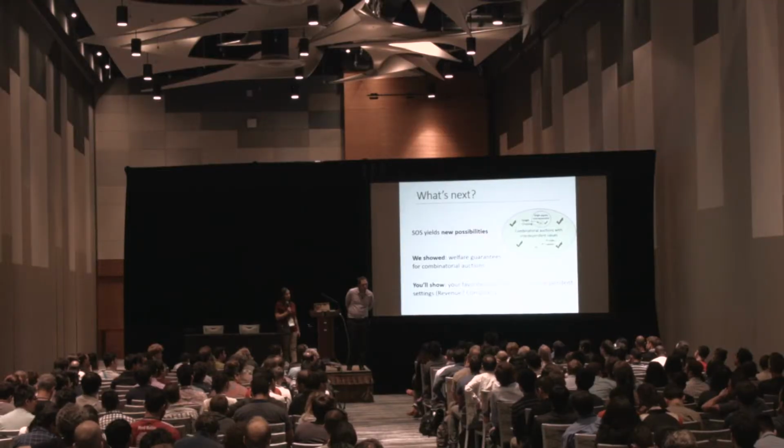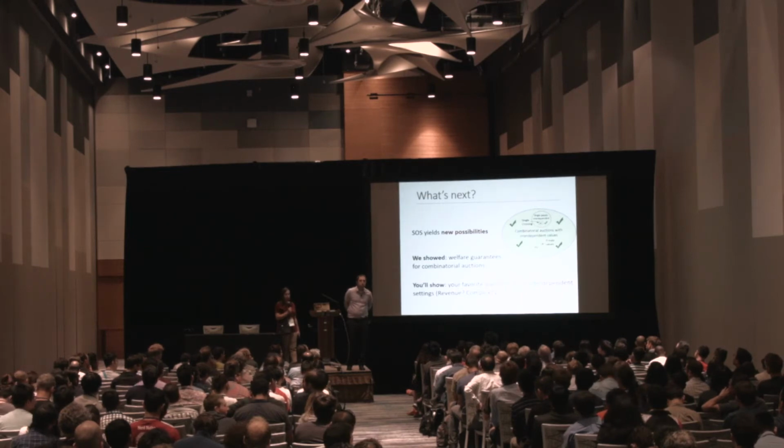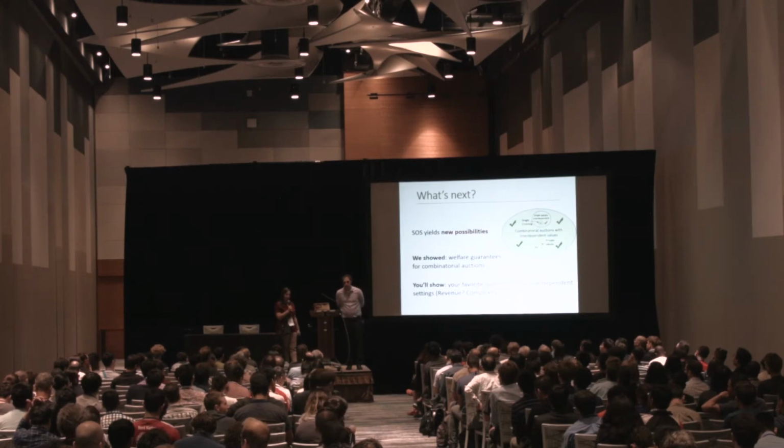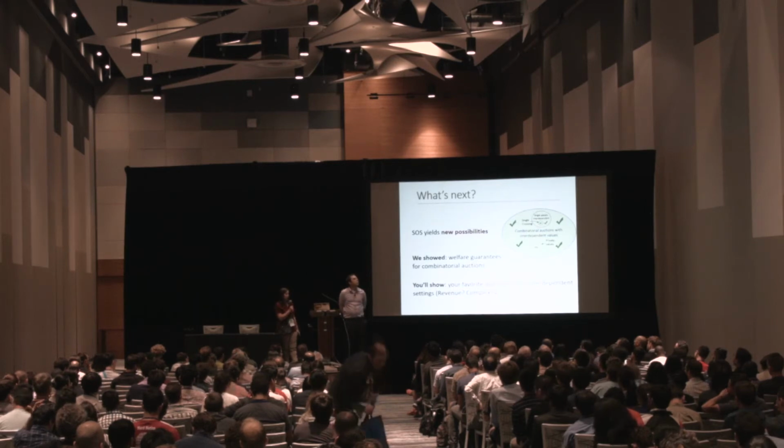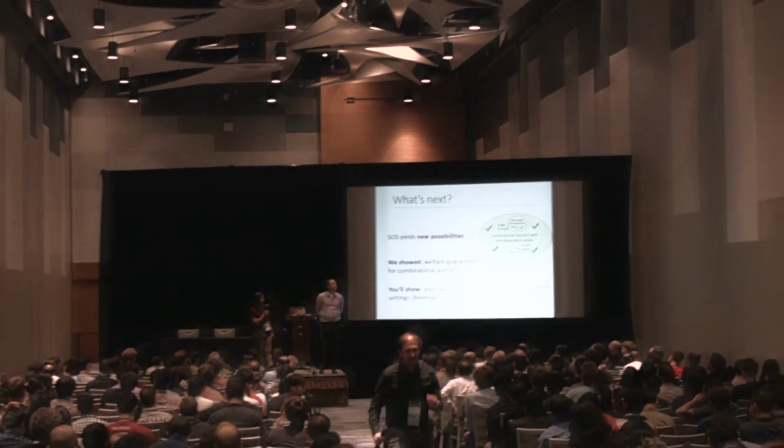Kostas? If every bidder's valuation is symmetric with respect to permuting the signals of the other guys, can we get a factor of 2 or better? So the question was, if every bidder's valuation is symmetric with respect to permuting the signals of the other guys, can you get a factor of 2 or better?